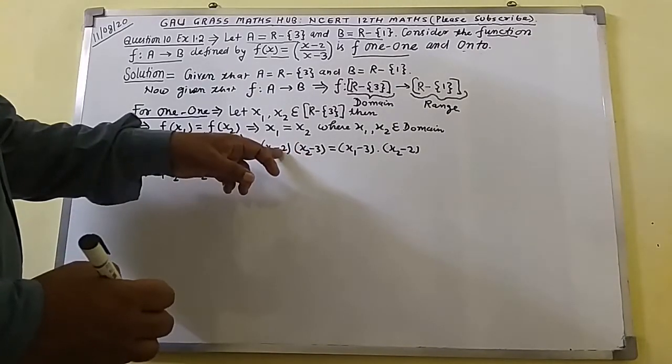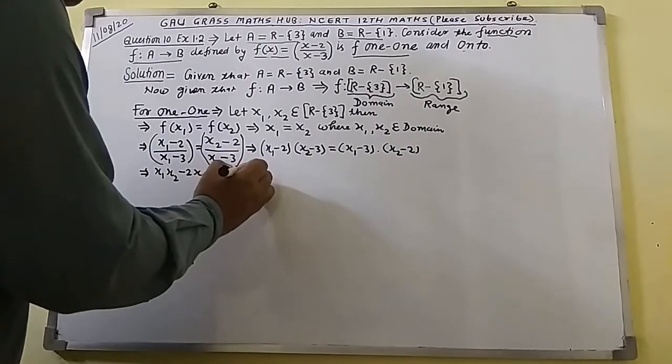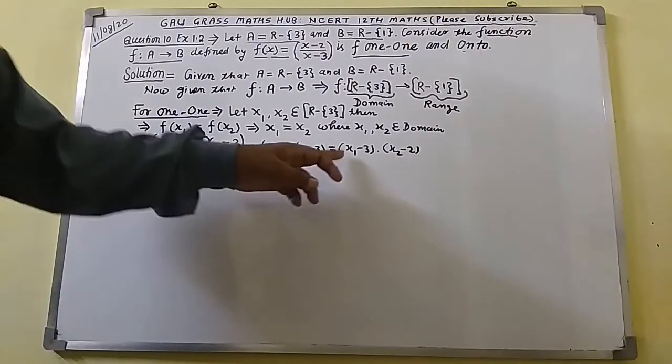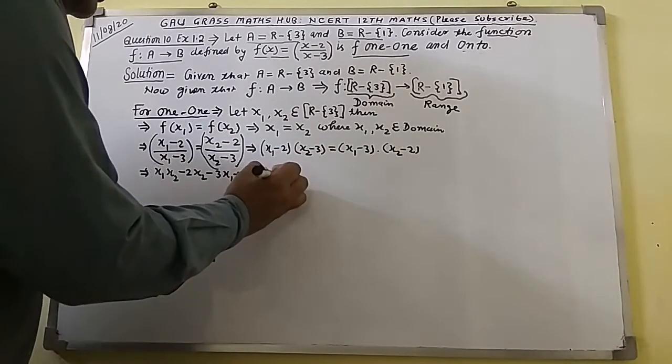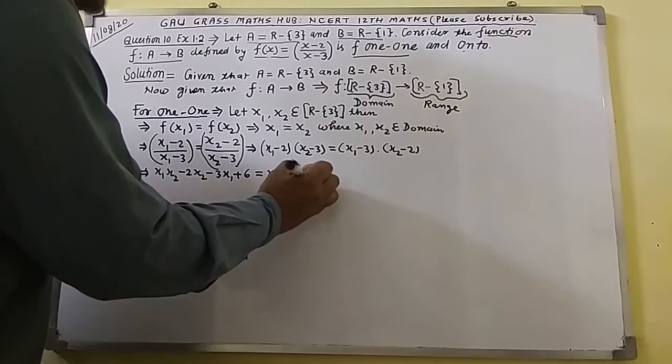Minus 2 and minus 3 will multiply together, we will get 6. Now equal to this, x1 and x2 will multiply together, we get x1 x2 minus 3 x2.